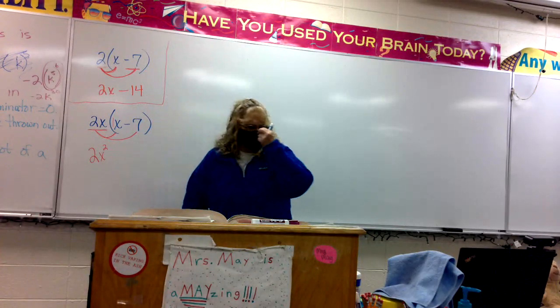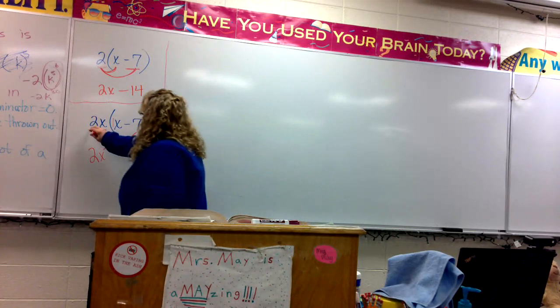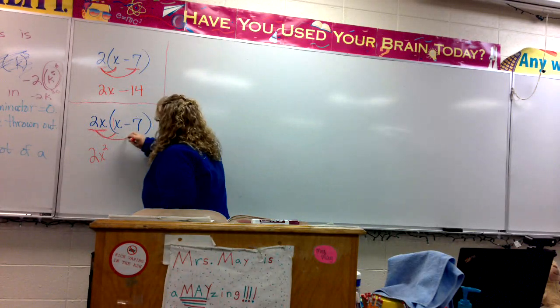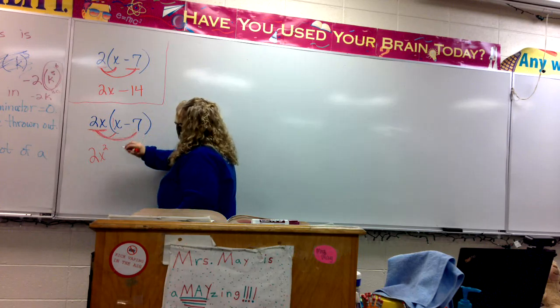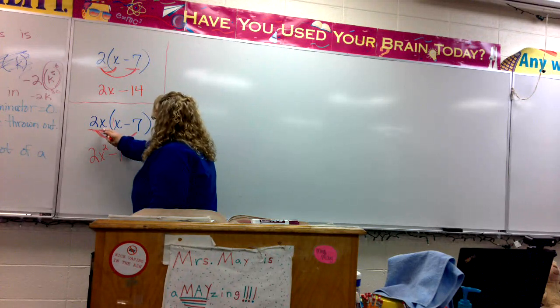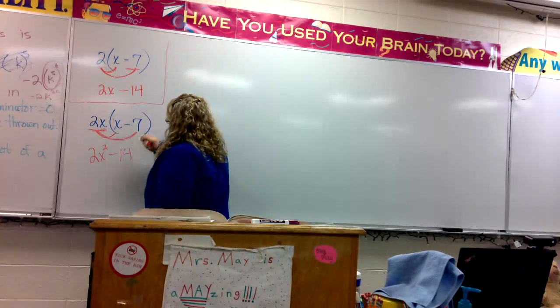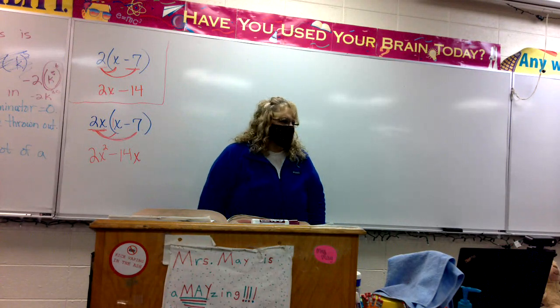Mason said x times x is x squared. Agree? And then you have to move over and do this 2x times the -7. What's 2 times -7? -14x. Yes? Does that make sense?